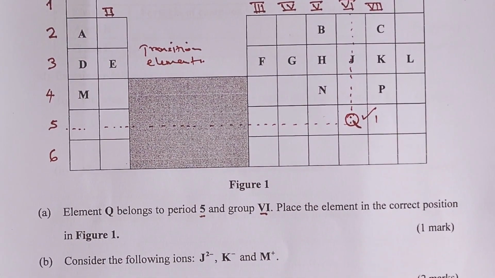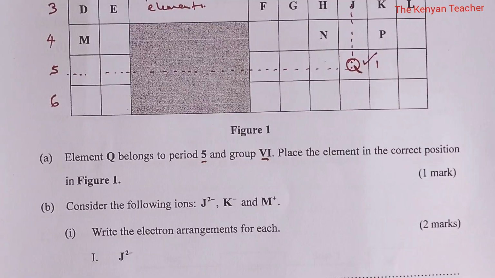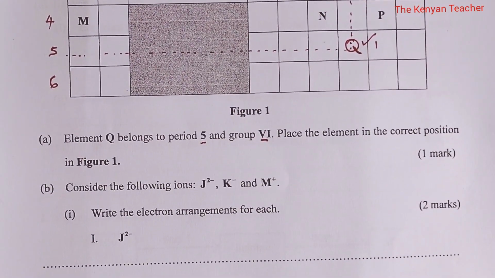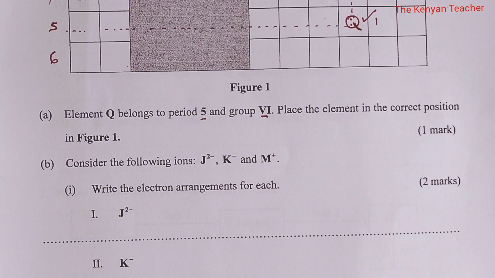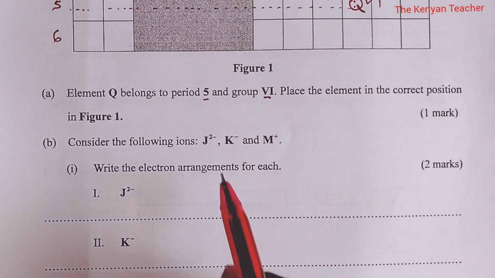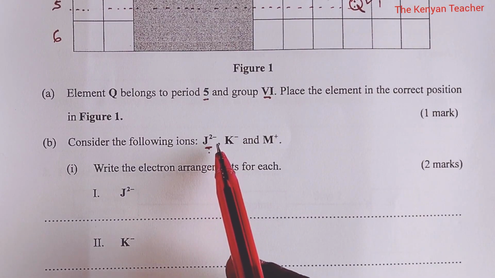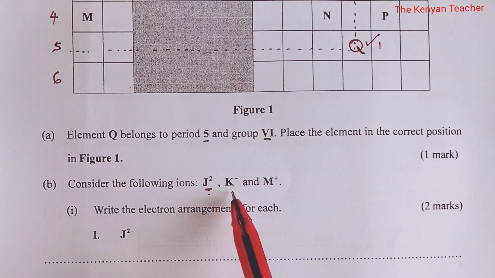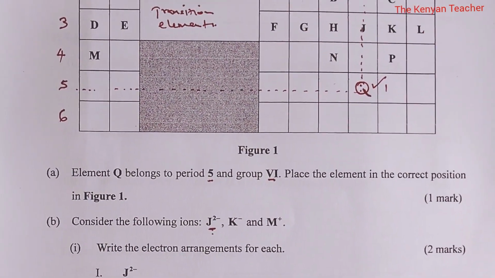Part B demanded that we consider ions of elements J, K, and M. And we are told that J forms an ion of 2 minus, K an ion of 1 minus, and M an ion of 1 plus.